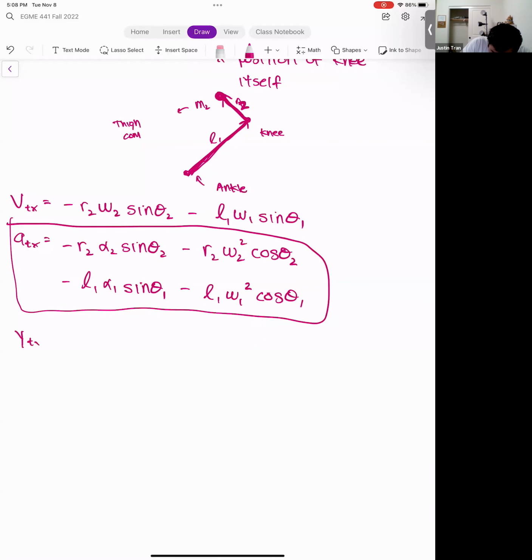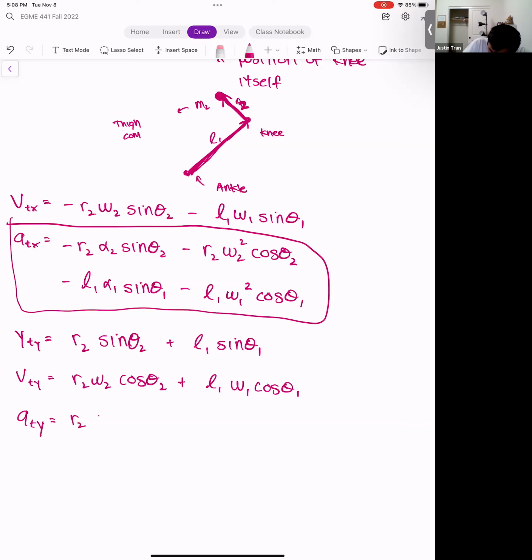And so we have yty. This is equal to R2 sine of theta 2, plus L1 sine of theta 1. Okay. And then let's take the derivative. So we have vty is equal to R2 omega 2 cosine theta 2 plus L1 omega 1 cosine theta 1. And we have aty.